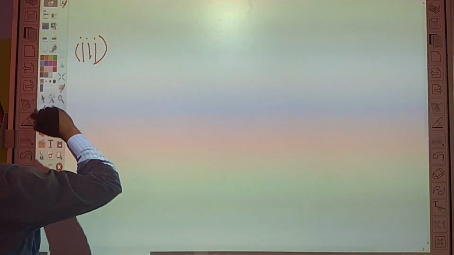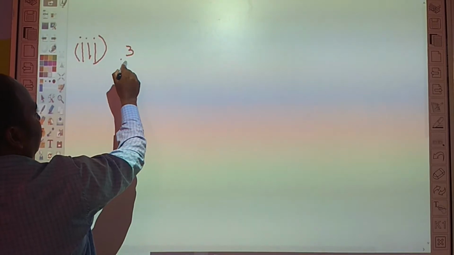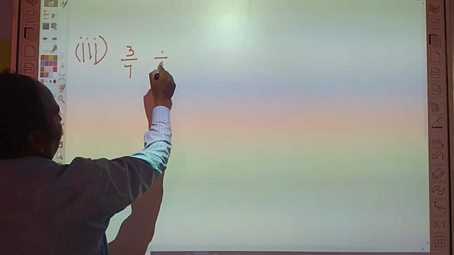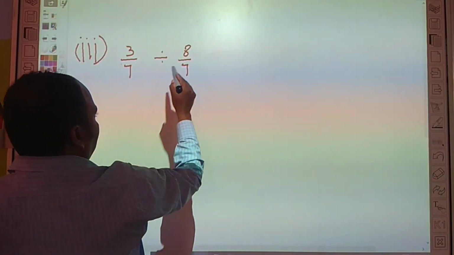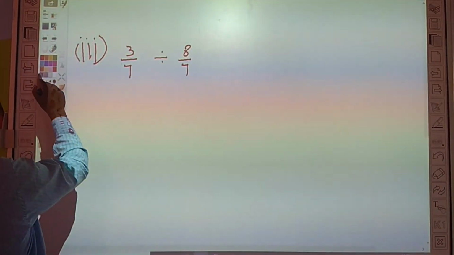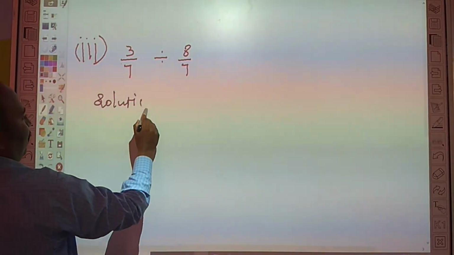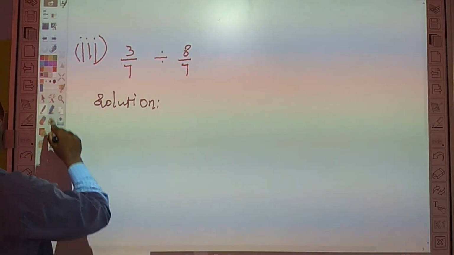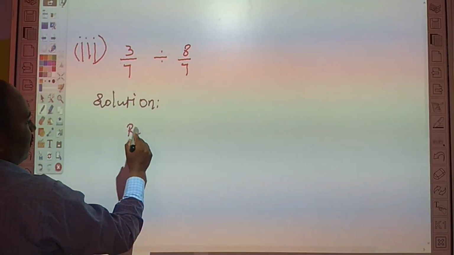Then the third one. 3 by 7 divide 8 by 7. Both are fractions. We take the reciprocal of the second number.